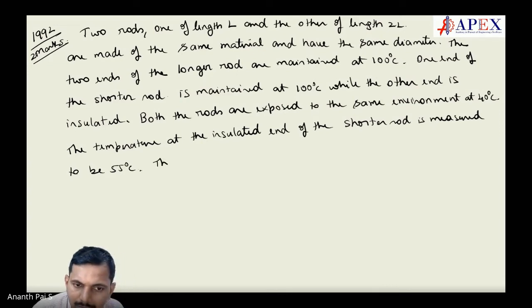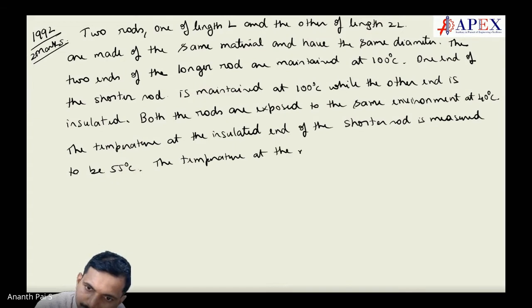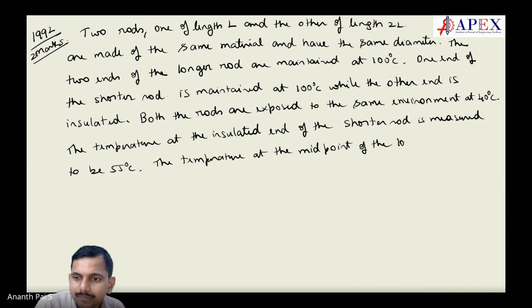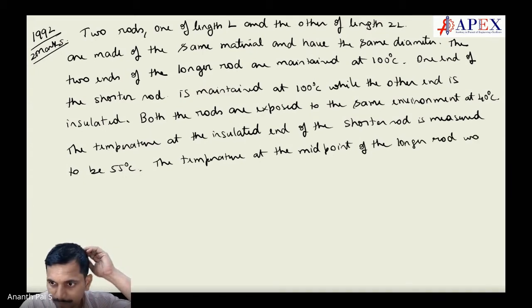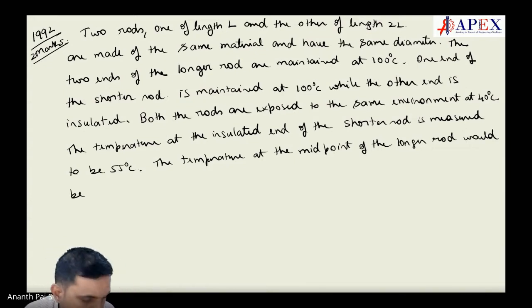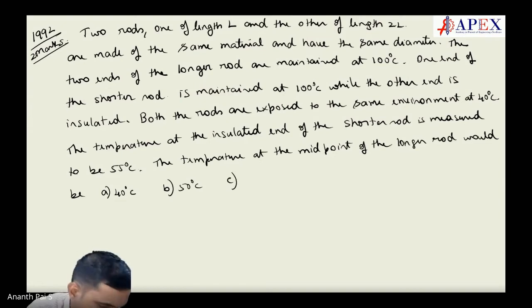The temperature at the midpoint of the longer rod would be: A, 40 degrees centigrade; B, 50 degrees centigrade; C, 55 degrees centigrade; and D, 100 degrees centigrade.